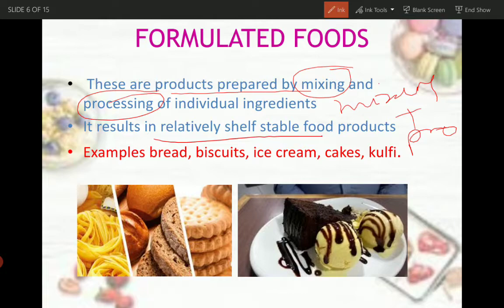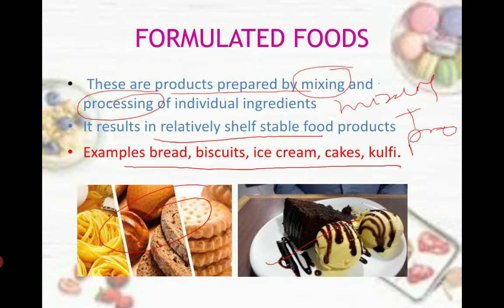That is, these products can be preserved and used for a very long time. For example, bread, biscuits, ice creams, cakes, and kulfis. For these biscuits and cakes, they can be used for many months because the products have been mixed, they have lost their individual identity, and we have an altogether new product which has high shelf life.